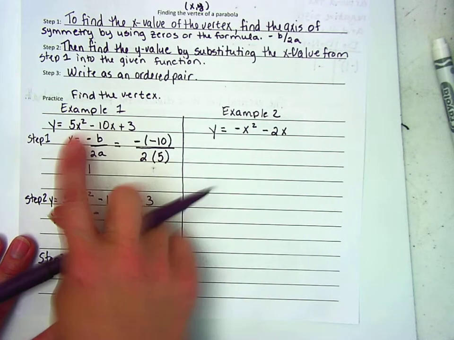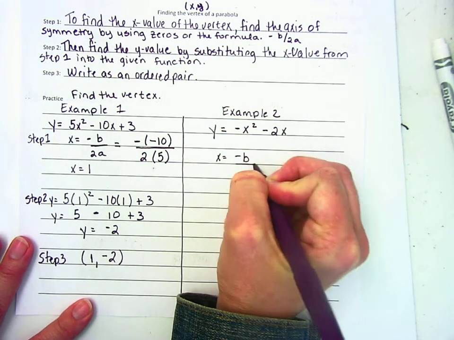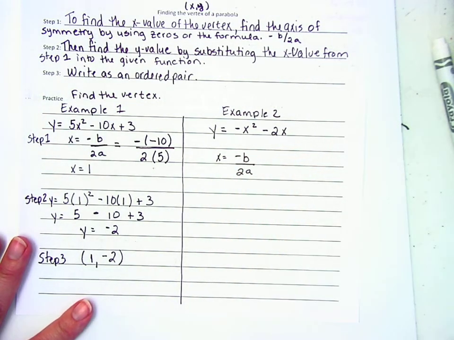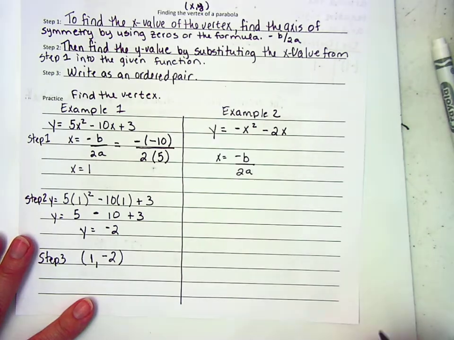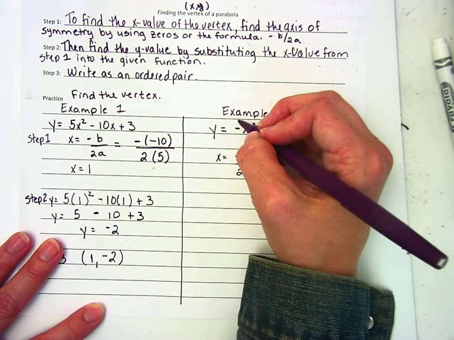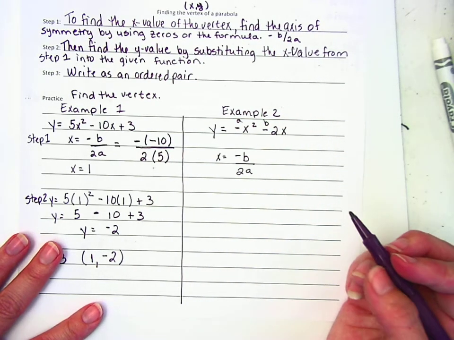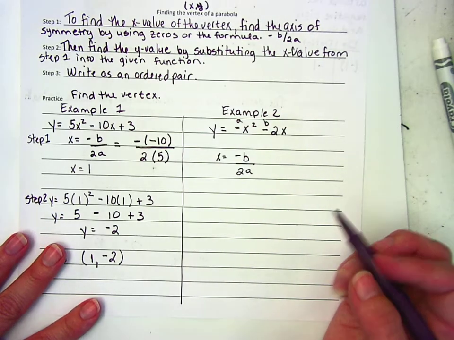Step 1, I'm going to use my formula. x equals negative b over 2a. Careful with your negatives. I see a lot of negatives happening here. I have a, I have b. If it helps, label those as you're going until you get used to it.